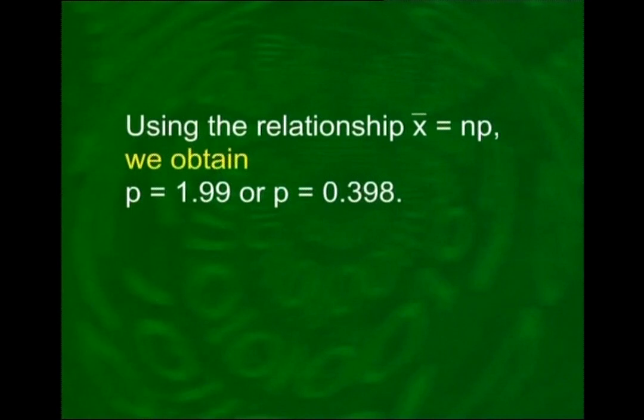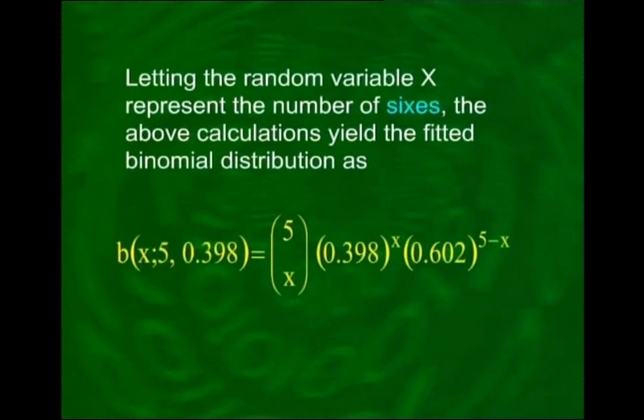Now, putting x bar equal to np and noting that n is equal to 5, we obtain p is equal to 0.398. Hence, the binomial formula is 5cx 0.398 raised to x into 0.602 raised to 5 minus x.